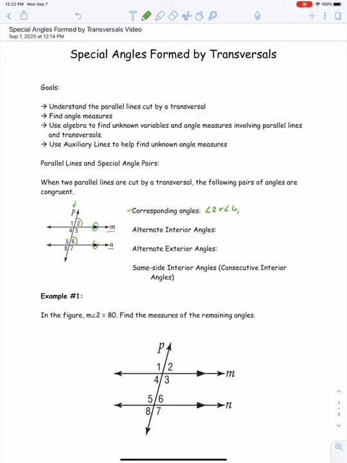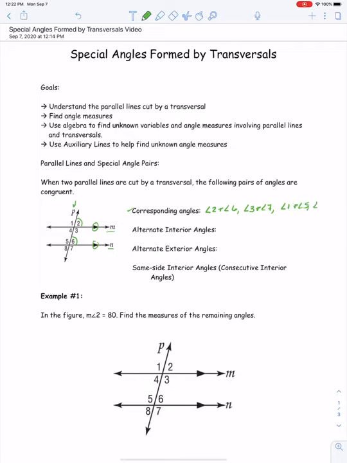Hopefully you stopped the video and you were able to find the other pairs. So I'm going to go ahead and list them for you now. We have also angle 3 and angle 7 are corresponding because they are below the line and to the right. We also have angle 1 and angle 5.